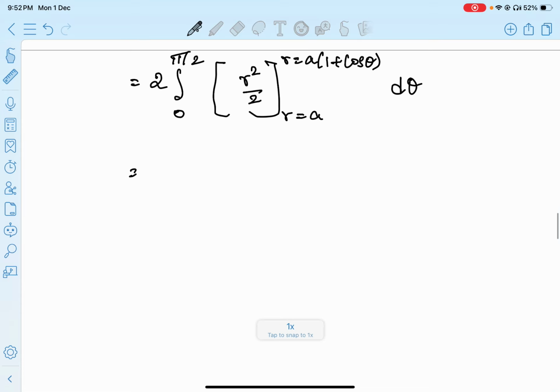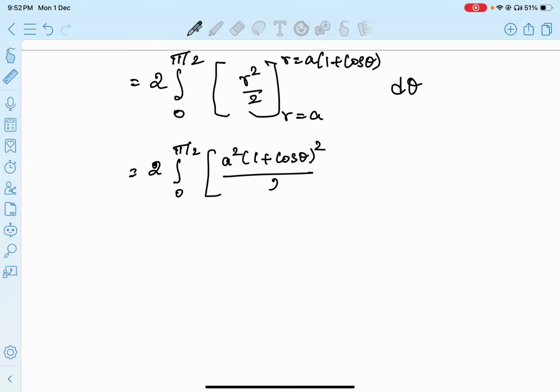So 2 integral 0 to pi by 2, now I am going to substitute the upper limit: a square into (1 plus cos theta) the whole square by 2, minus the lower limit. Your r is a here, so a square by 2 into d theta.